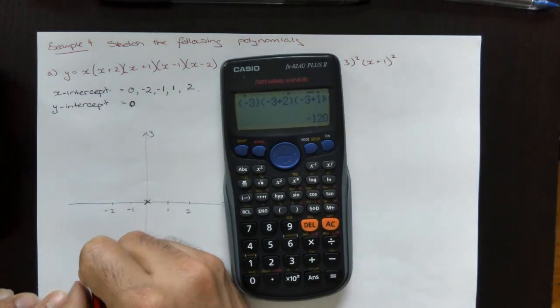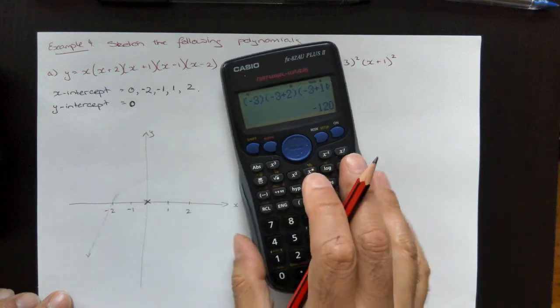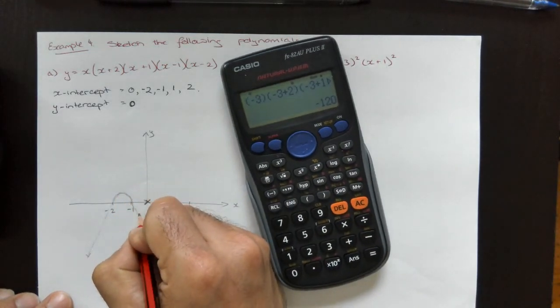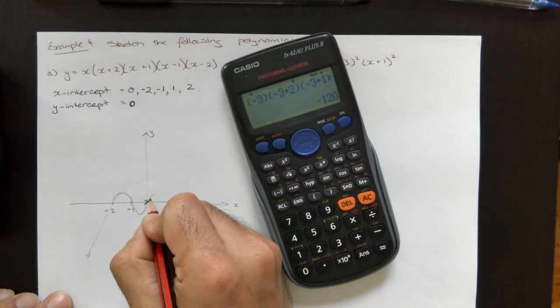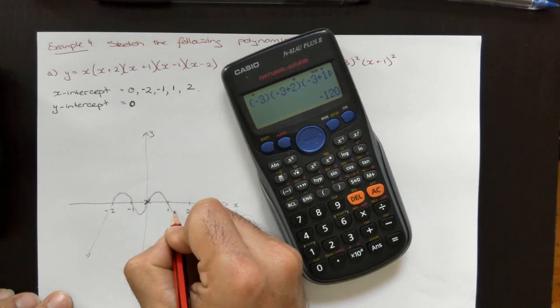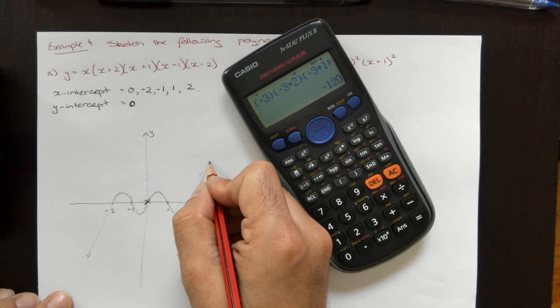So I'm down here, so I must come up this way. I must obviously turn here, turn again, turn again, turn again, and end up going that way.